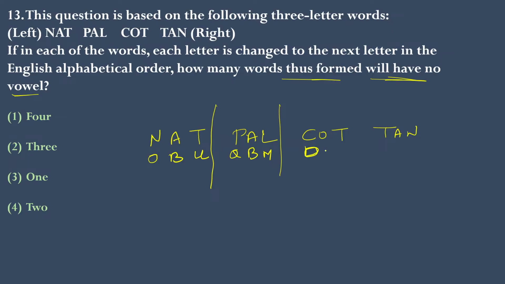Here we get P, here you get T, U. Here we get T, U, A, B, N, O. After changing to the next alphabet, O, B, U, here we have at least one vowel, here we have two vowels, so this is wrong. Here we have no vowel, here we have one vowel, U is there, here we have two vowels.